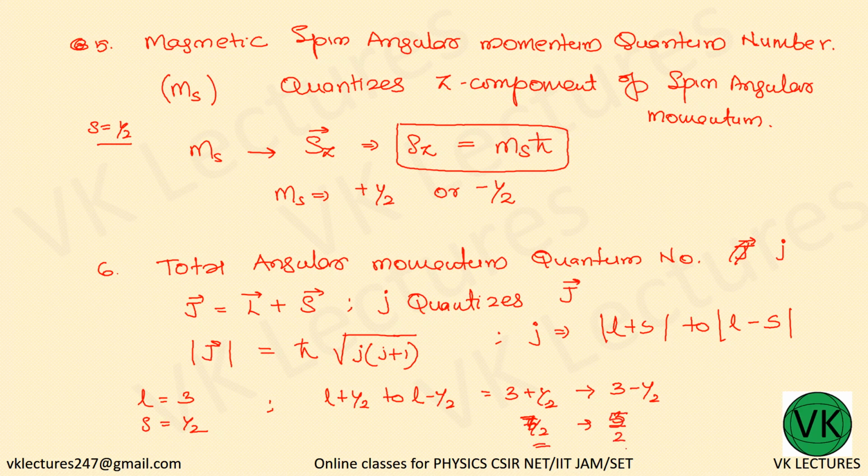So 7 by 2 and 5 by 2 are the possible J values.